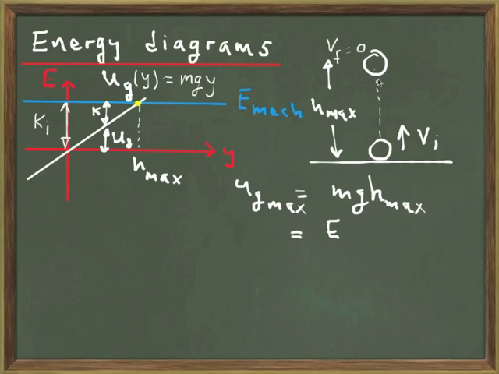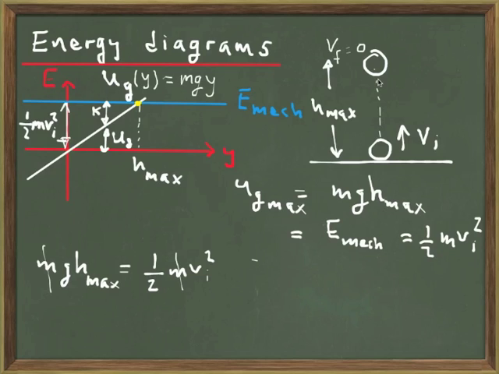That maximum value of the potential energy, as you can see here, should match the initial value of the kinetic energy, because mechanical energy is conserved in this problem. That initial kinetic energy, of course, is 1/2 m vi squared. So the maximum potential energy that the ball can reach is equal to 1/2 m vi squared.